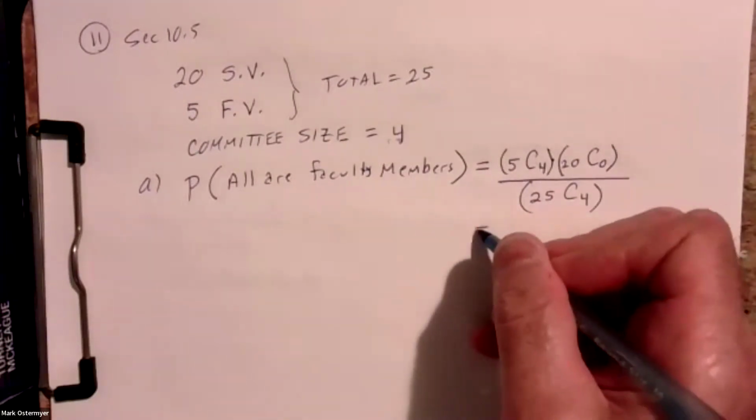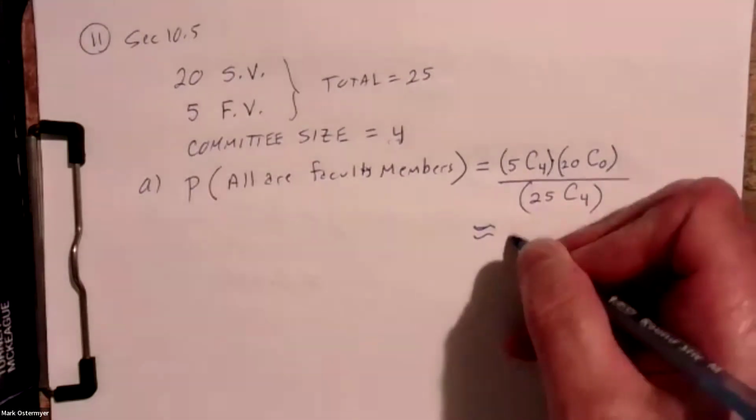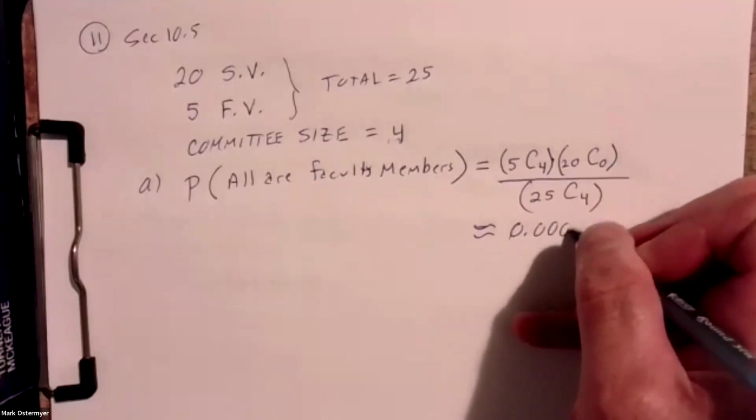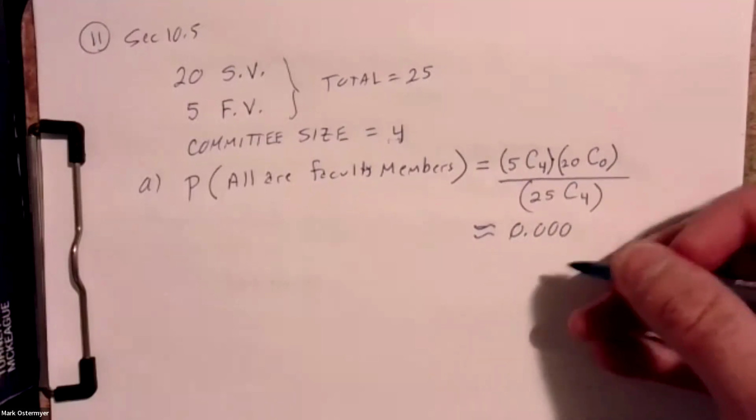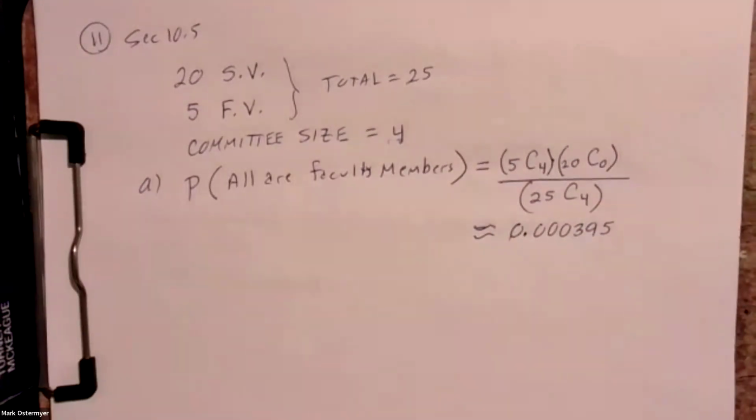So ladies and gentlemen, get on your calculator, let's dial this up, and let's see what that will give us. And when you get done computing that, we should get about 0.000395. Anybody get that? That'd be your answer.